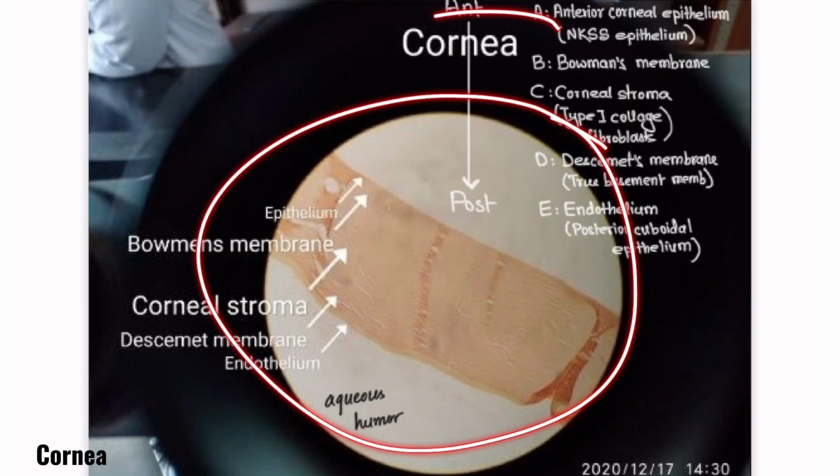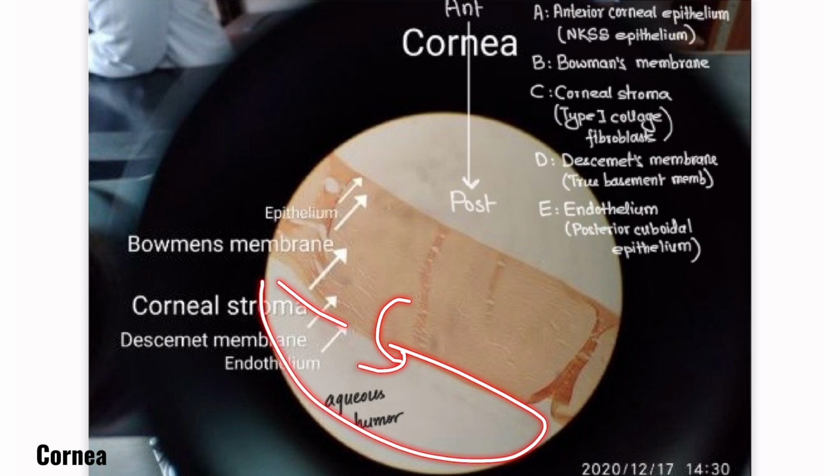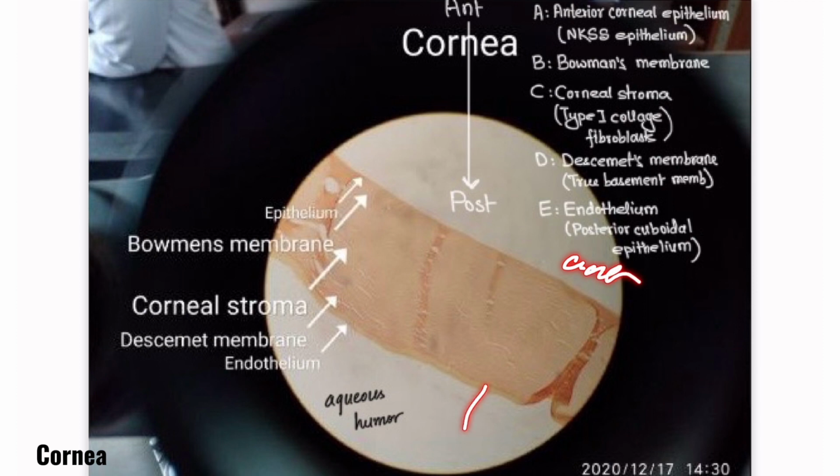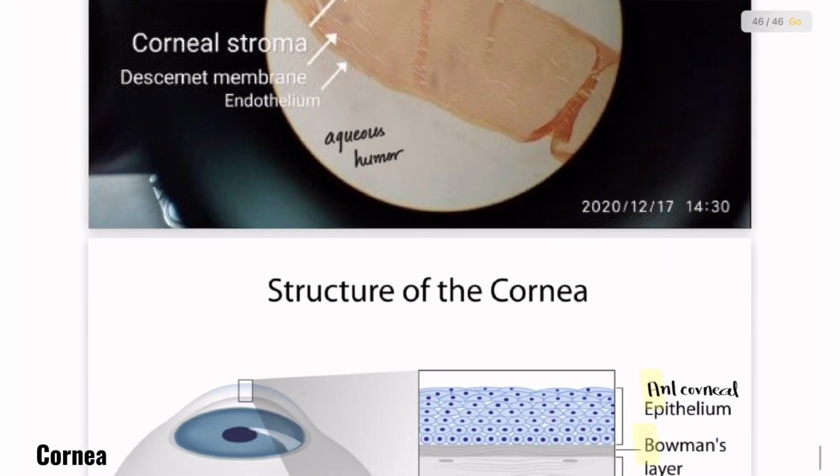This is the slide of the cornea. The cornea posteriorly contains the anterior chamber of the eye, which is filled with aqueous humor. From anterior to posterior, there are altogether 5 layers arranged in the order of A, B, C, D, and E. What are these 5 layers?